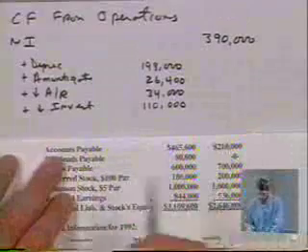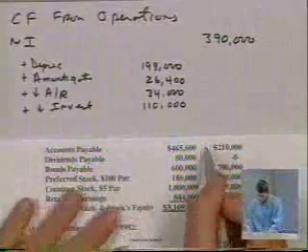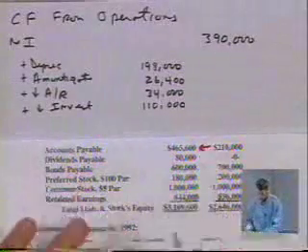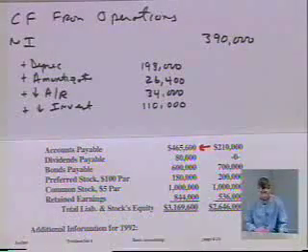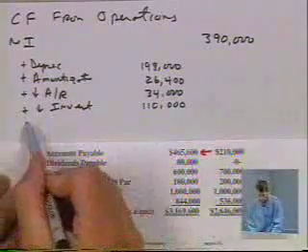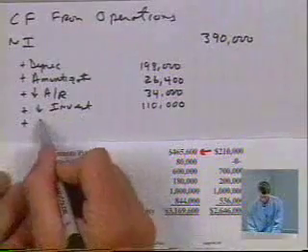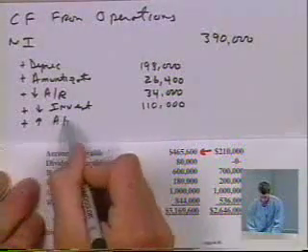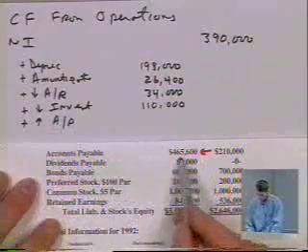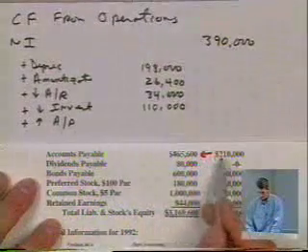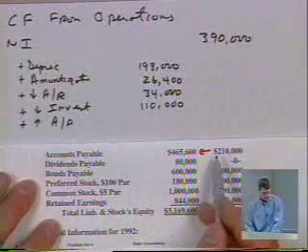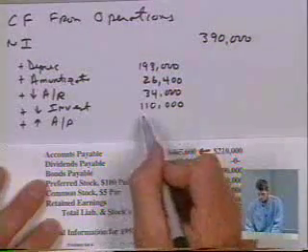So let's put it in. So remember, we're going right to left. So on our cash flow statement, we are adding back this increase in accounts payable. And the difference from 465 to 210 is 255,600.